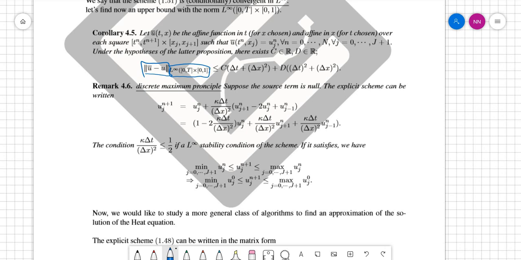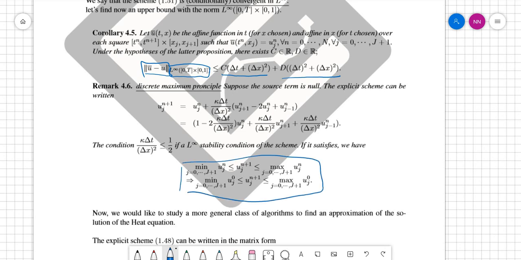And we can prove that it's less than C delta t plus D delta x squared. We can prove this kind of result, and also we can prove this.